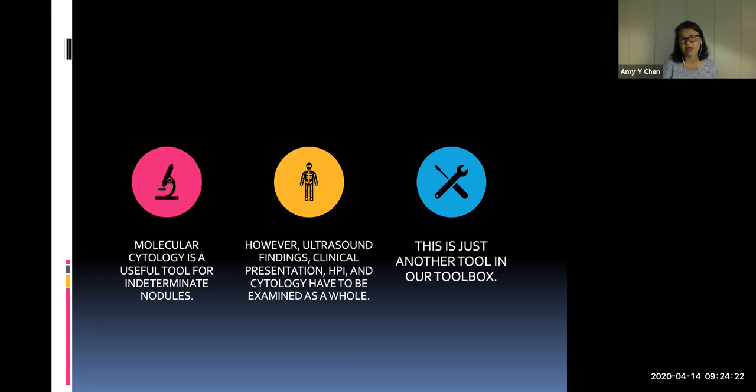I can't tell you how many times I've taken a patient to surgery, or didn't take a patient to surgery, because of the cytology, and forgot to incorporate everything together, because some of the weird looking nodules where there's no way this could be benign, or no way this could be just indeterminate, really did turn out to be quite bad actors. Just remember that this is just another tool in our toolbox.